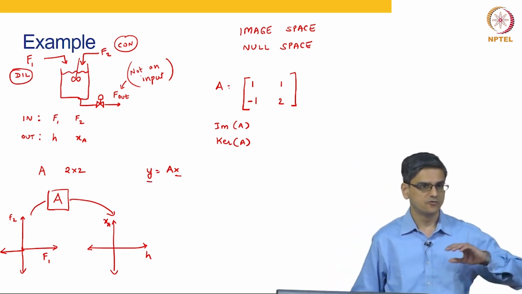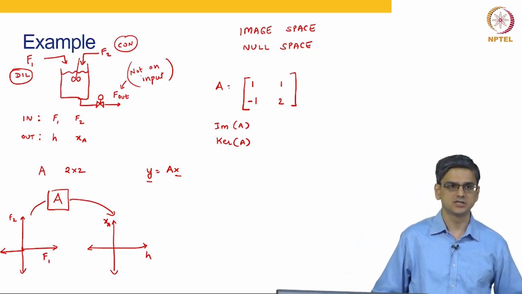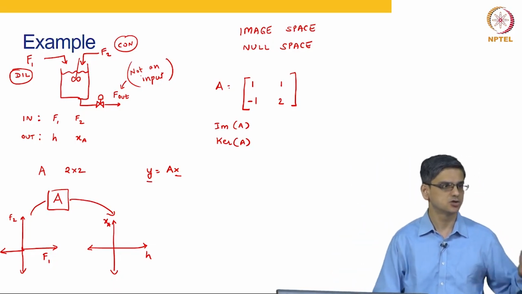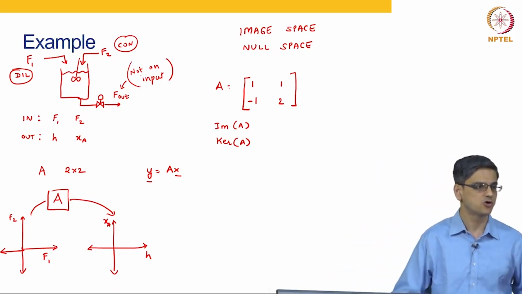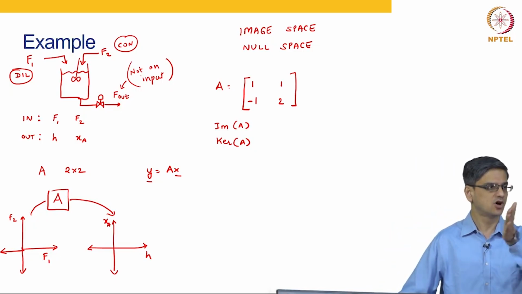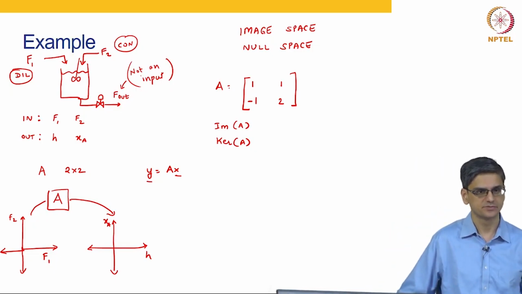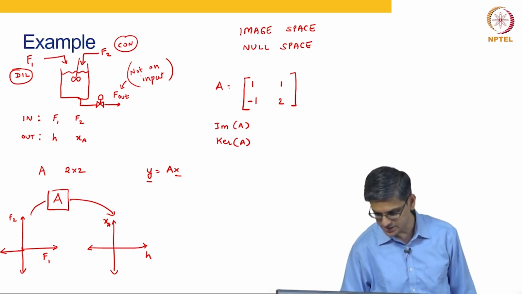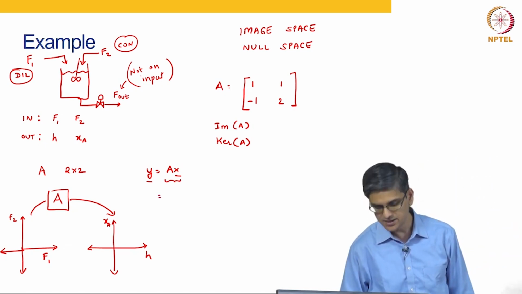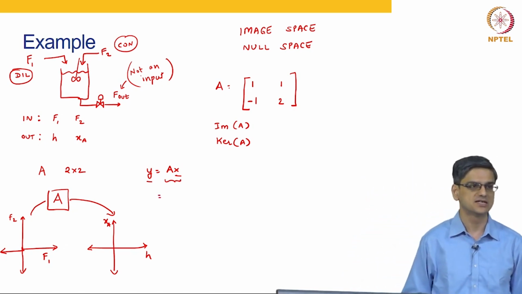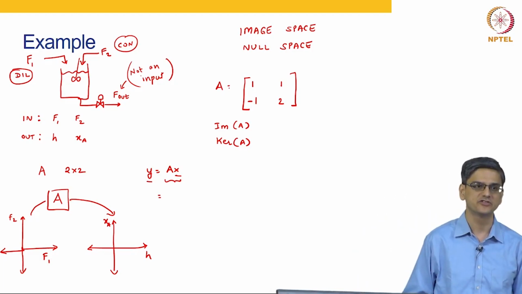Okay. When we first introduced matrices, and in yesterday's lecture also, I said that we want to talk about matrix A in terms of its column vectors. So this matrix multiplication is going to be represented as a linear combination of these column vectors.